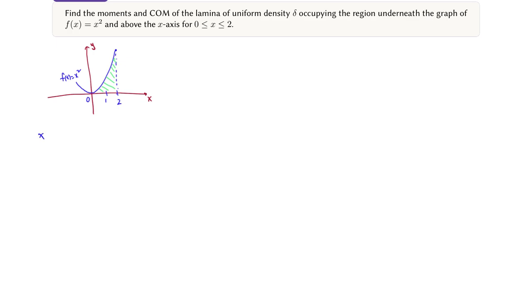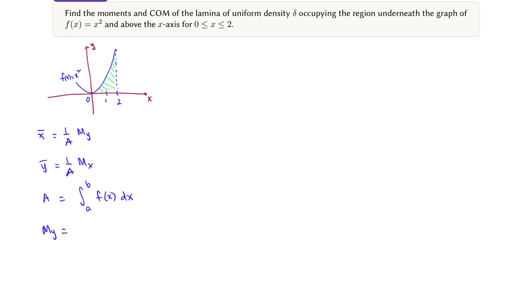Now recall that x bar is 1 over A times the moment about the y-axis. Y bar is 1 over A times the moment about the x-axis. Area is the integral from a to b, f of x dx.